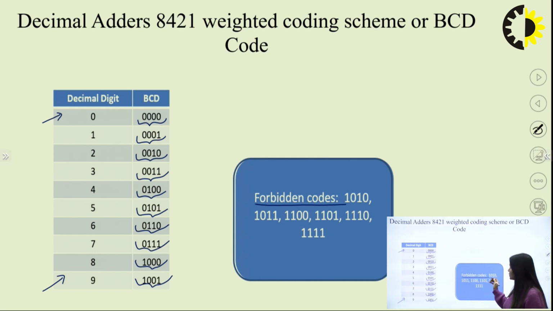So 1010, 1011, 1100, 1101, 1110 and 1111 are the forbidden codes for BCD numbers. Next, so here it was a brief introduction of BCD numbers, 8421 weighted coding scheme.